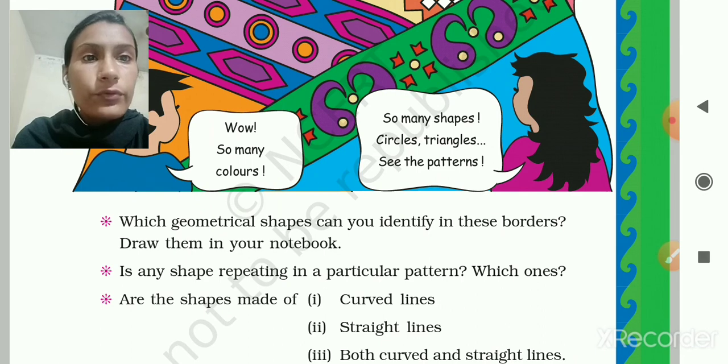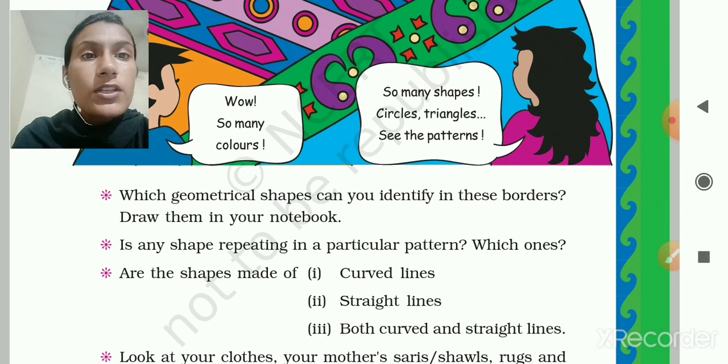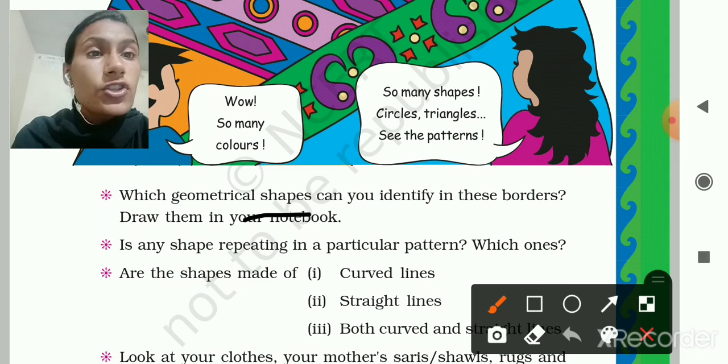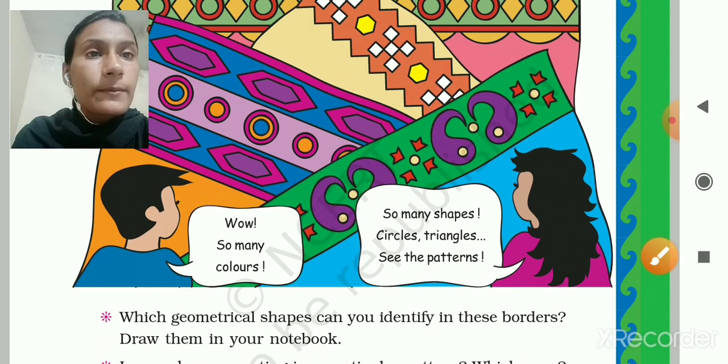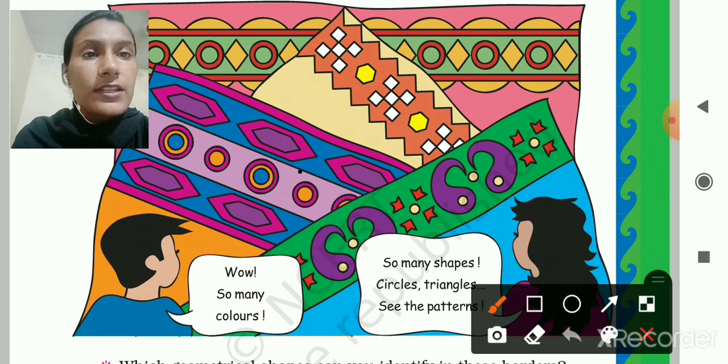So here questions are given. Which geometrical shapes can you identify in this border? Draw them in your notebook. Which shapes can you identify from these patterns? That you have to draw in your notebook. So let's see. First one, you can see this circle.